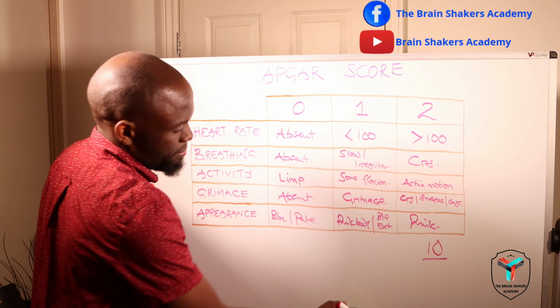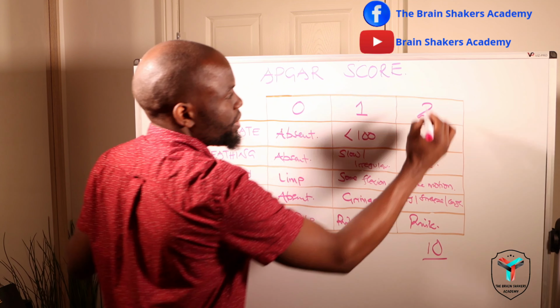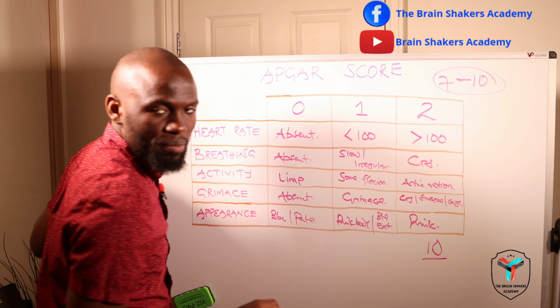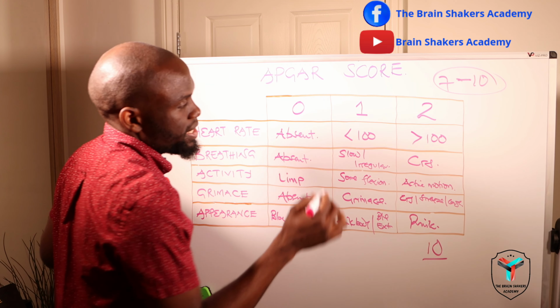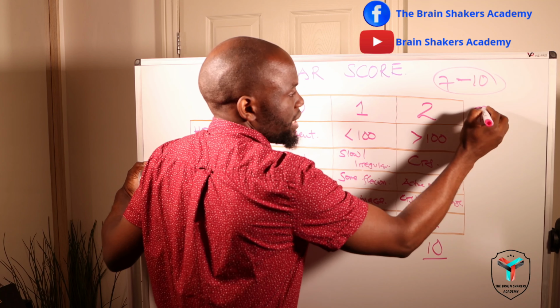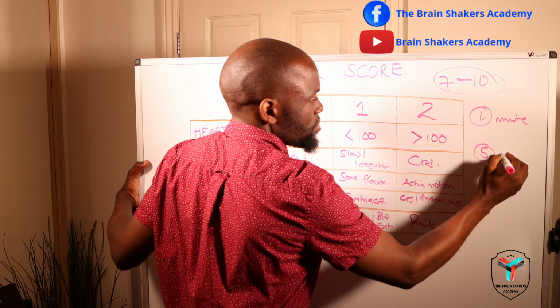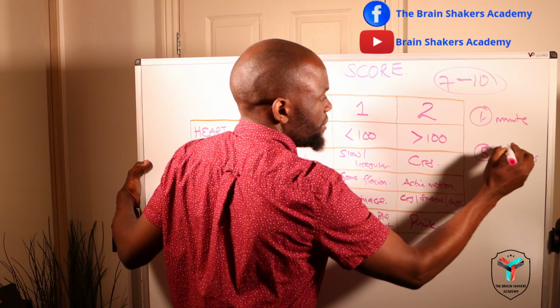So any baby that then scores between 7 to 10, that is a reassuring Apgar score. And we are saying that they are going to be scored at 1 minute, and they'll be scored also at 5 minutes.